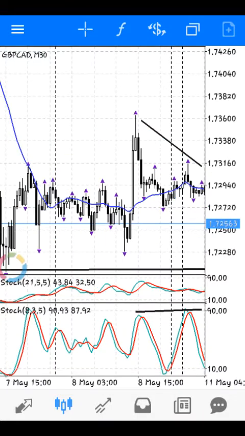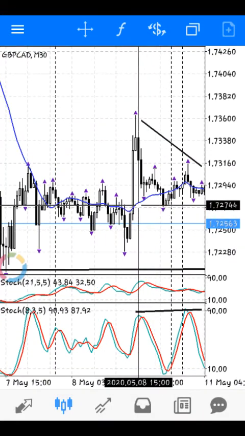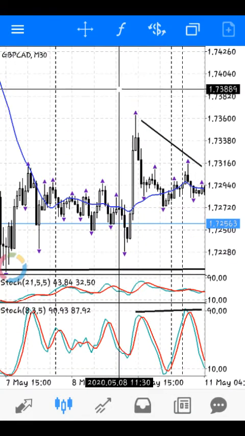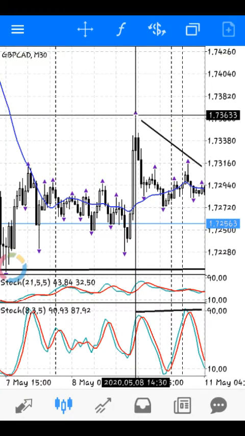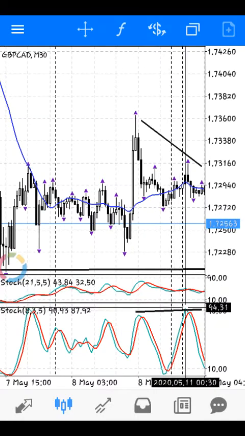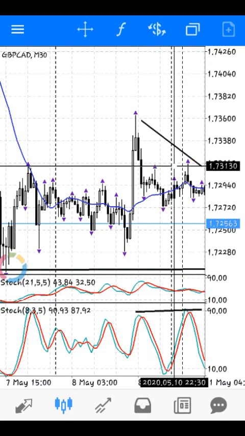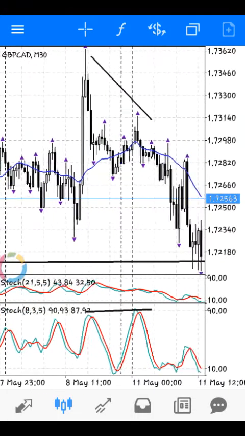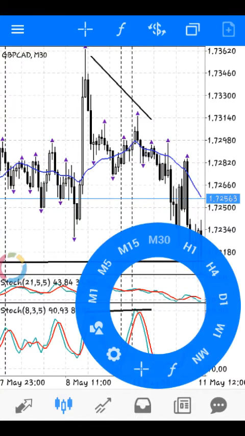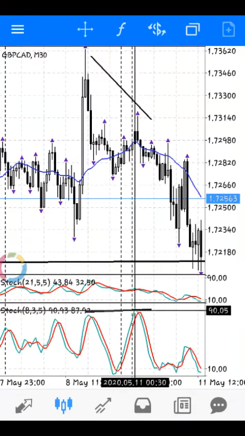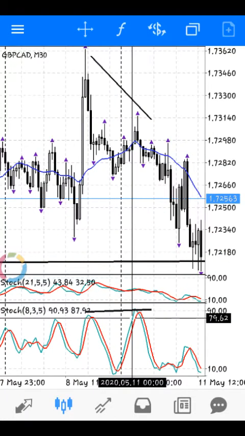If you look at this, this is the topmost level on the oscillator. Look on the price chart, this is the topmost level, whereas on the oscillator it has surpassed that level, of which on the price chart it didn't surpass that level. That's an indication that this move to the upside has ended. Now, I think this is one of the reasons why some people say they sell at the 80 level, because it's overbought.